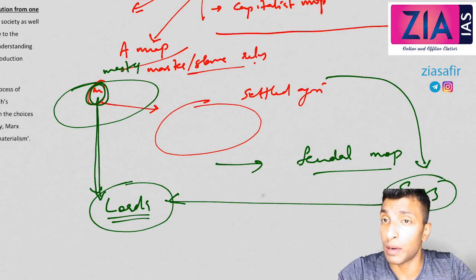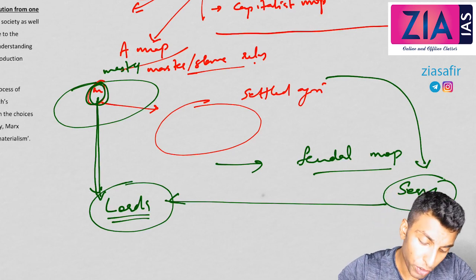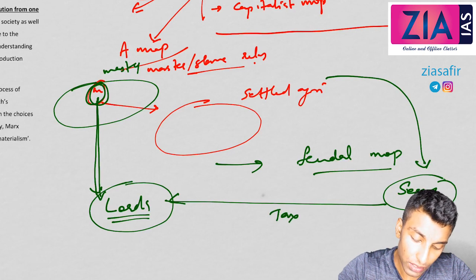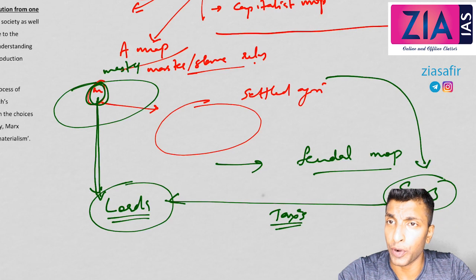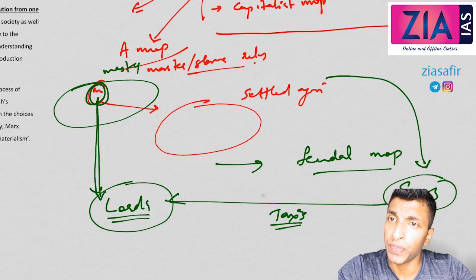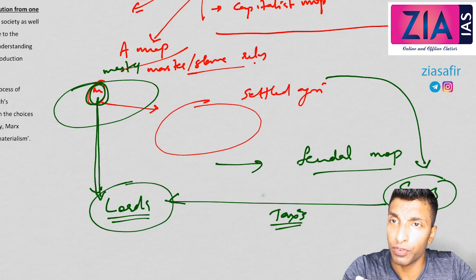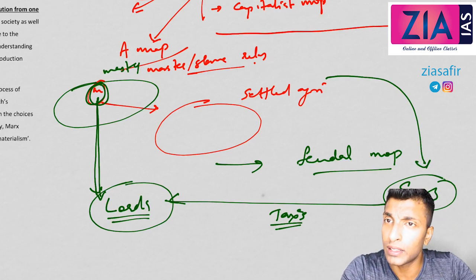Although they think that they are producing everything and they are controlling everything, still there is a dependency. And you have to pay some revenue for this, so you will be charged some taxes for this land and protection. And over a period of time, the demand for more taxes increases, or taxes are paid in terms of part of produce. It will be 1/3, then it will be 1/2, then it will be 2/3. Like that, it keeps on increasing to 70%, 80%, 90%. This is the exploitation here.